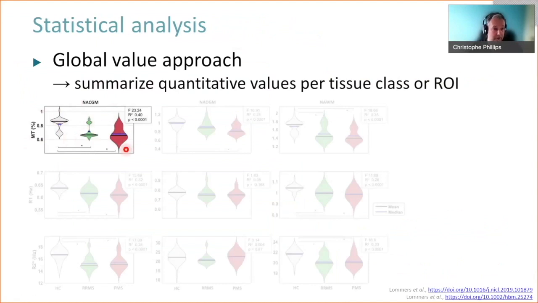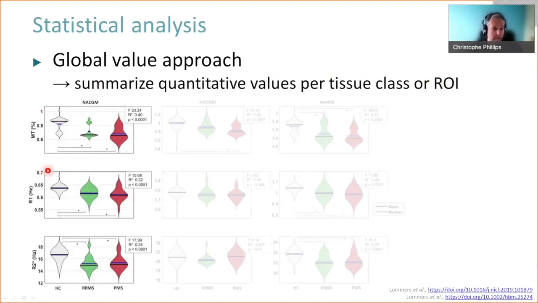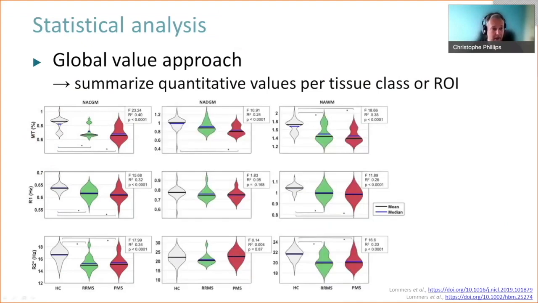And then you can simply do a simple group comparison of these summarized values. And since we have multiple quantitative maps, we can do that across different quantitative maps. And we may also focus beyond cortical gray matter. We can look at deep gray matter or the white matter.